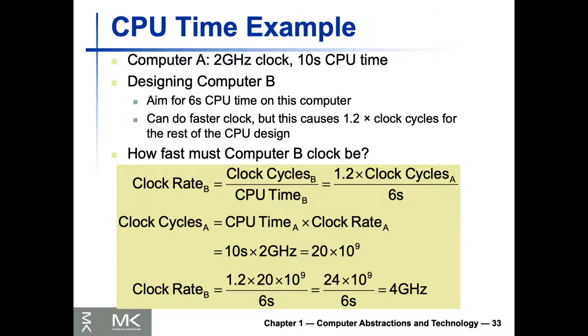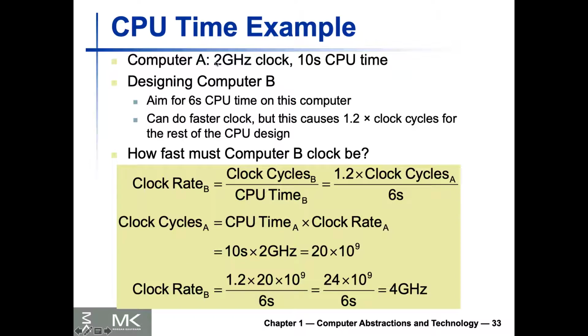So he's trying to design the new chip, and he comes back to you and says, okay, I can do the faster clock, but this causes 1.2 times the clock cycles for the rest of the CPU design, right? I need to increase that by that amount in order to include certain more functionalities to do that job in 6 seconds.